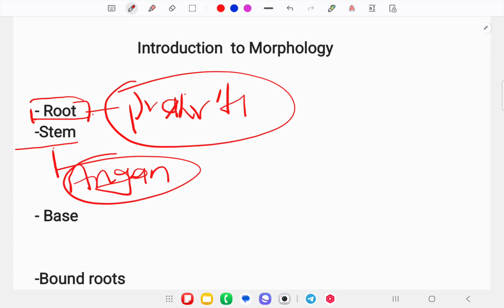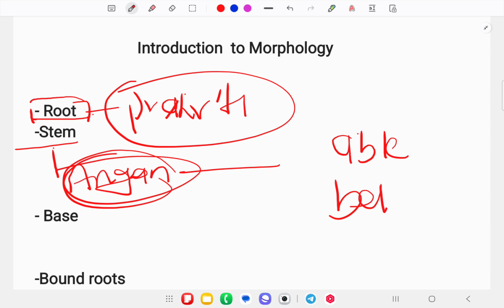Stem means a form to which an affix is added. Suppose we take an example like able or believe.